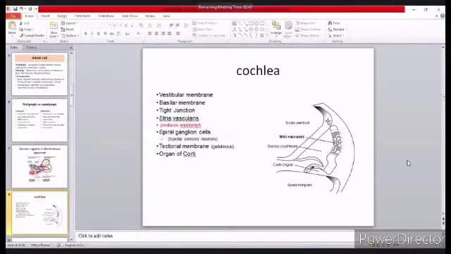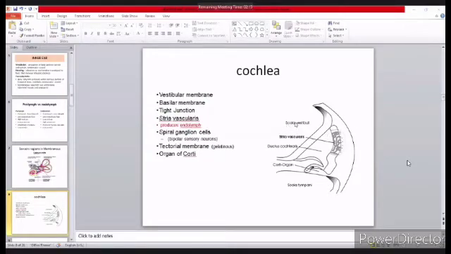Okay. So we have 3 portions after the V has divided. We have the scala vestibuli. In the middle, we have the scala media, and then we have the scala tympani. So our scala media is the point of interest. This is where you find the organ of Corti.